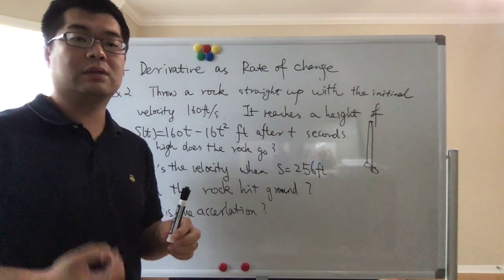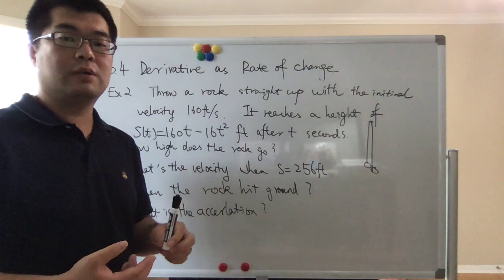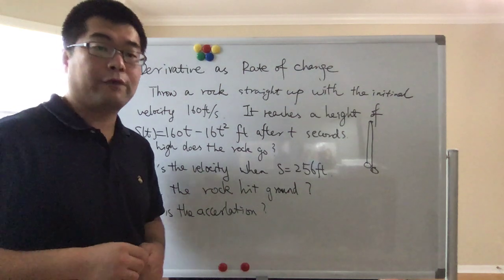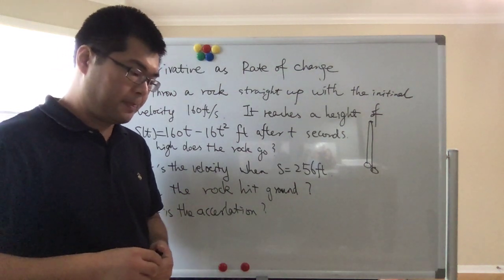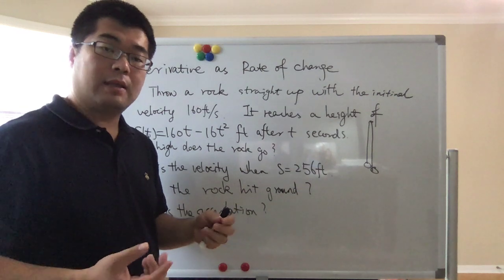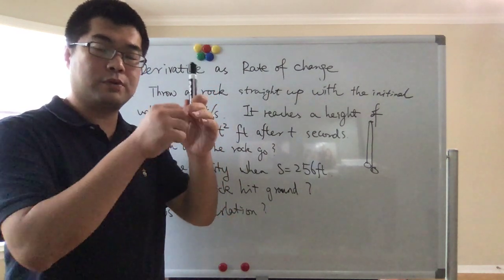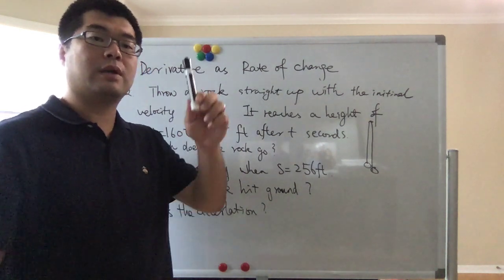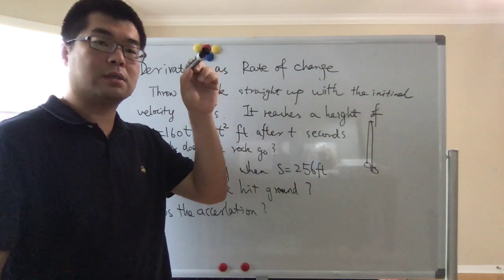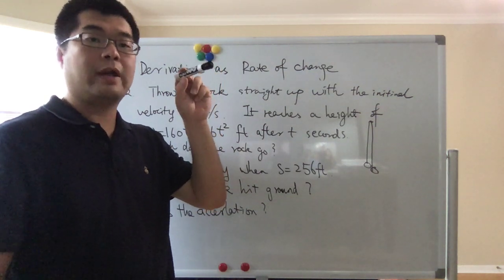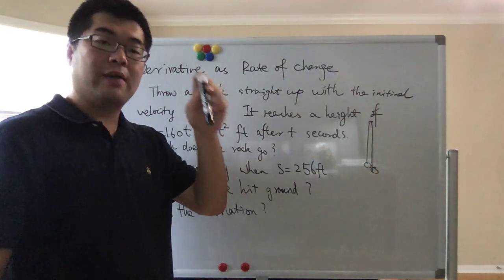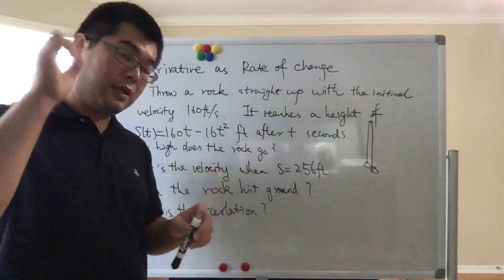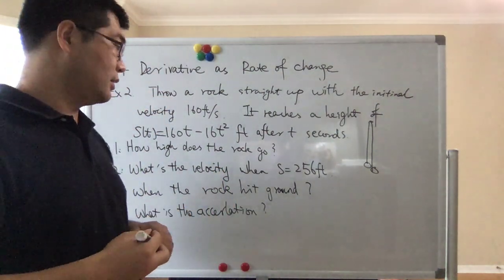However, due to gravity, the acceleration is going down, because that's the only force that applies on the rock. Since your initial velocity is going up but gravity is dragging you down, the rock is going up, and at a certain moment the velocity becomes 0. After that, the velocity becomes negative. Do you see that? Again, we set going up as positive here.